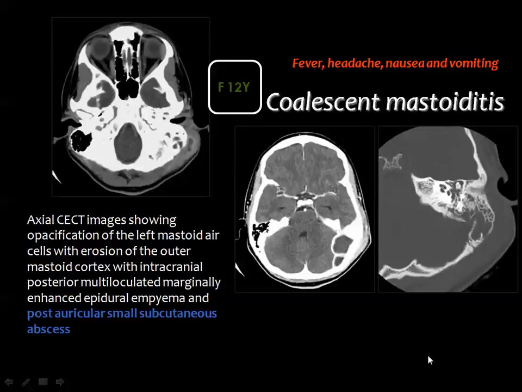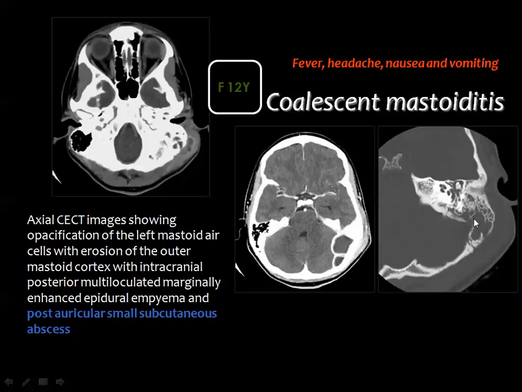And this is an example of coalescent mastoiditis. You see that the mastoid air cells are obliterated by secretions, and there is rarefaction of the outer wall of the mastoid.